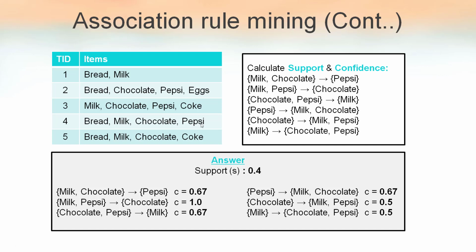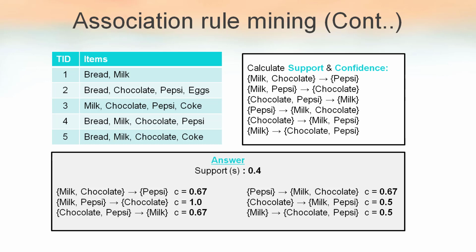But in total we have 5 transactions in our database. So 2 divided by 5 is equal to 0.4. Likewise, for milk, Pepsi, chocolate; chocolate, Pepsi and milk; chocolate and milk; Pepsi and milk; and chocolate and Pepsi, support is equal to 0.4 for all these rules, 2 divided by 5.